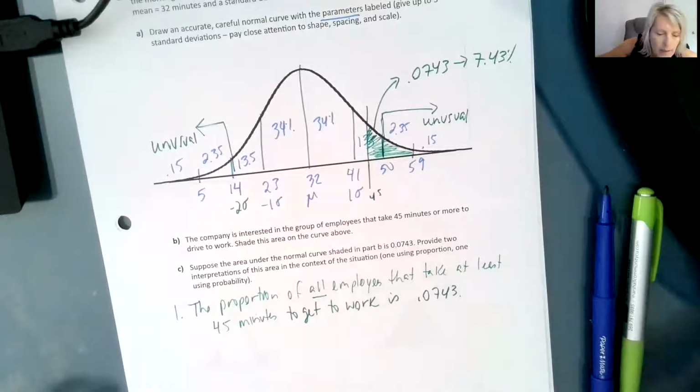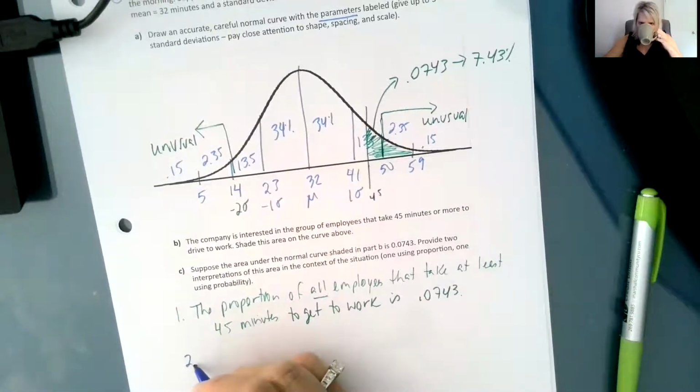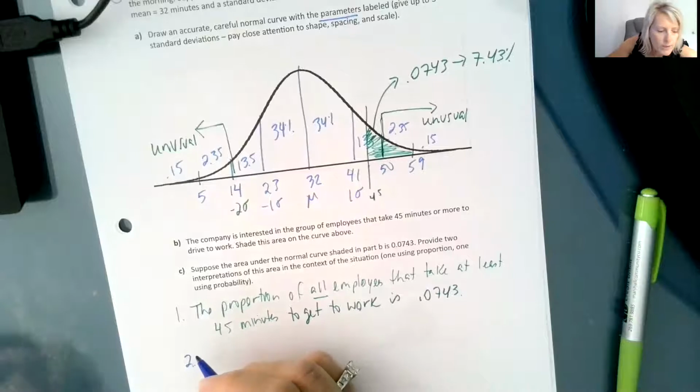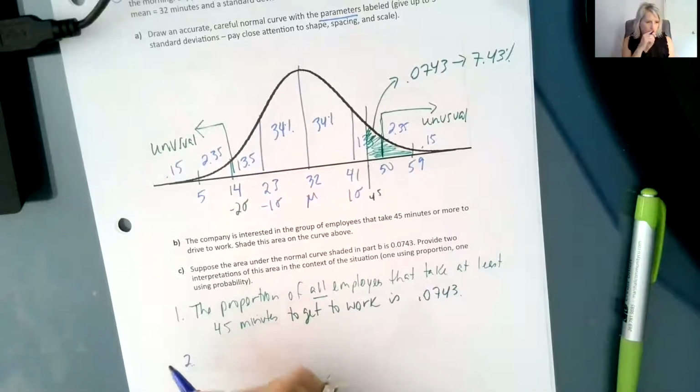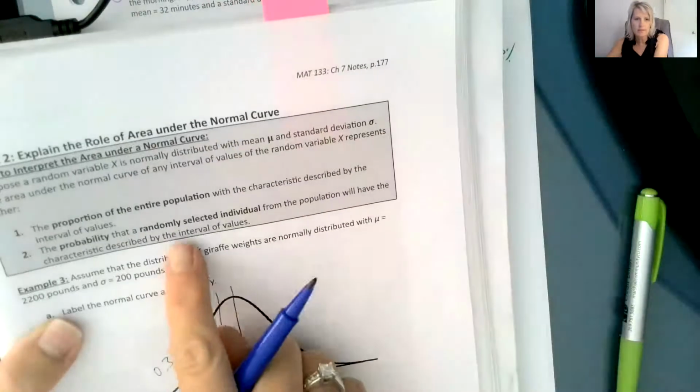So in the second interpretation, we are going to refer to, excuse me, a single employee, the probability of a single selected individual.